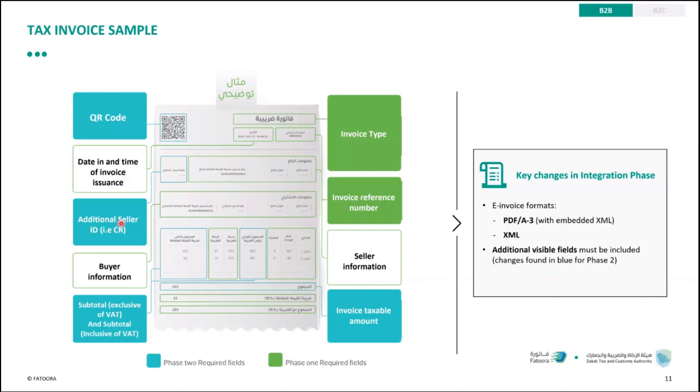For example, you have to provide the commercial registration number of the seller and the buyer as well. Now we also have the details of the invoice, each line item of what's being sold, the unit price, the quantity, the total before tax percentage, and then the value of the tax, and then the overall total. You can find the same information below.